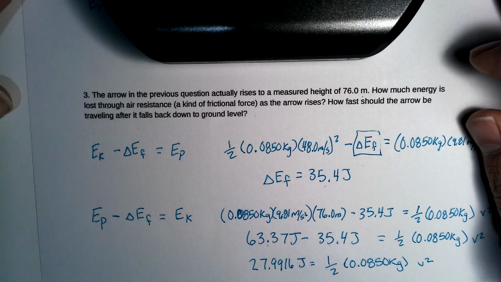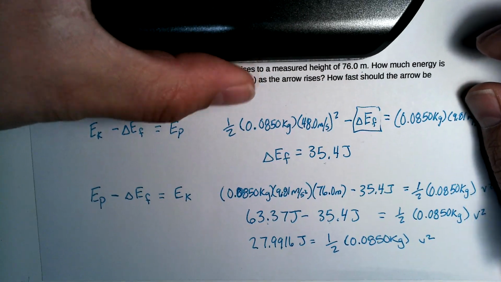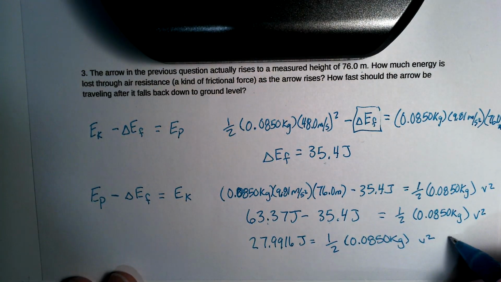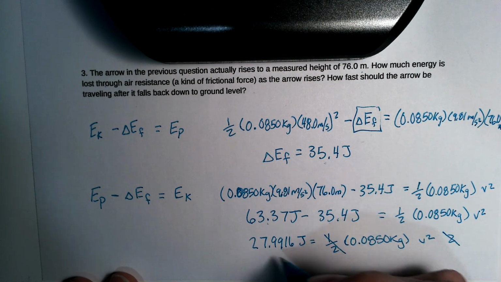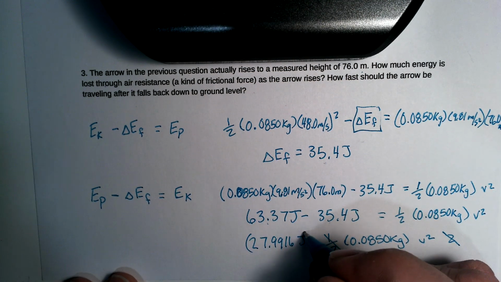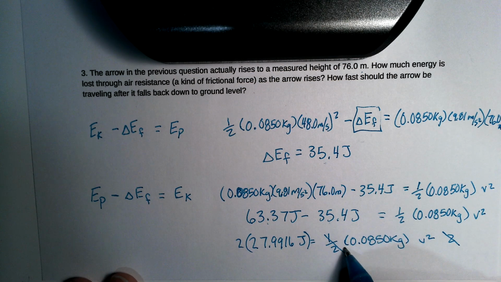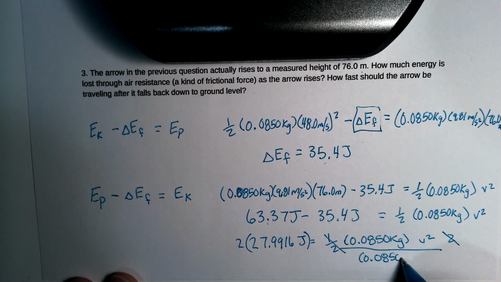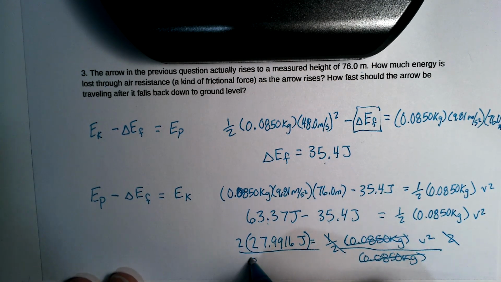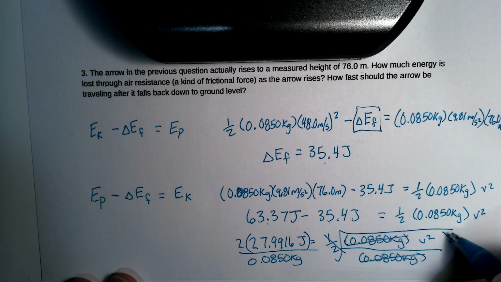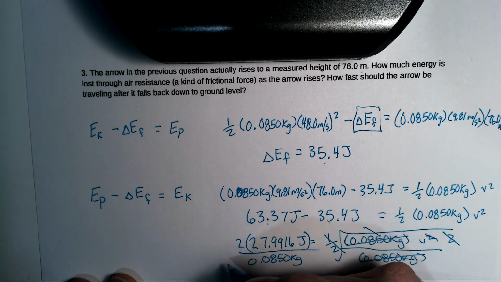Now to rearrange, we'll multiply both sides by 2. That'll cancel with the 1/2. Then we're going to divide both sides by the 0.0850 kilograms. That cancels there. And then we want to square root both sides to get rid of the square.